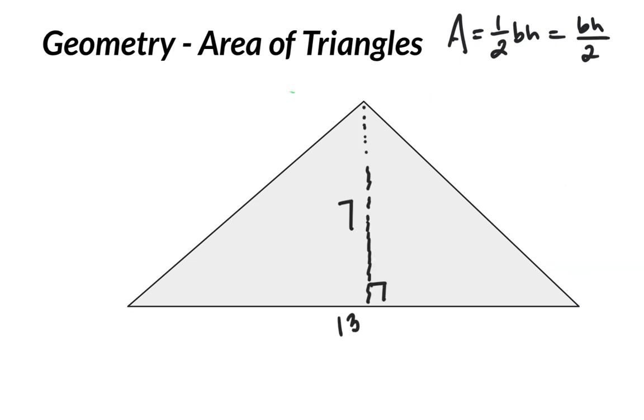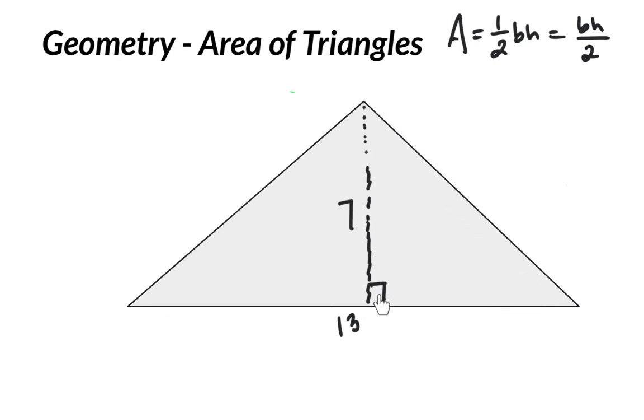All right, so here you can see I've drawn in a triangle that has a base of 13 and a height of 7. And I just want to be very clear here that, much like with parallelograms, the height has to be something that cuts down into the base at a right angle. That's how we know it's the height. We do not need to know the side lengths, although there is another formula where we can use those side lengths.